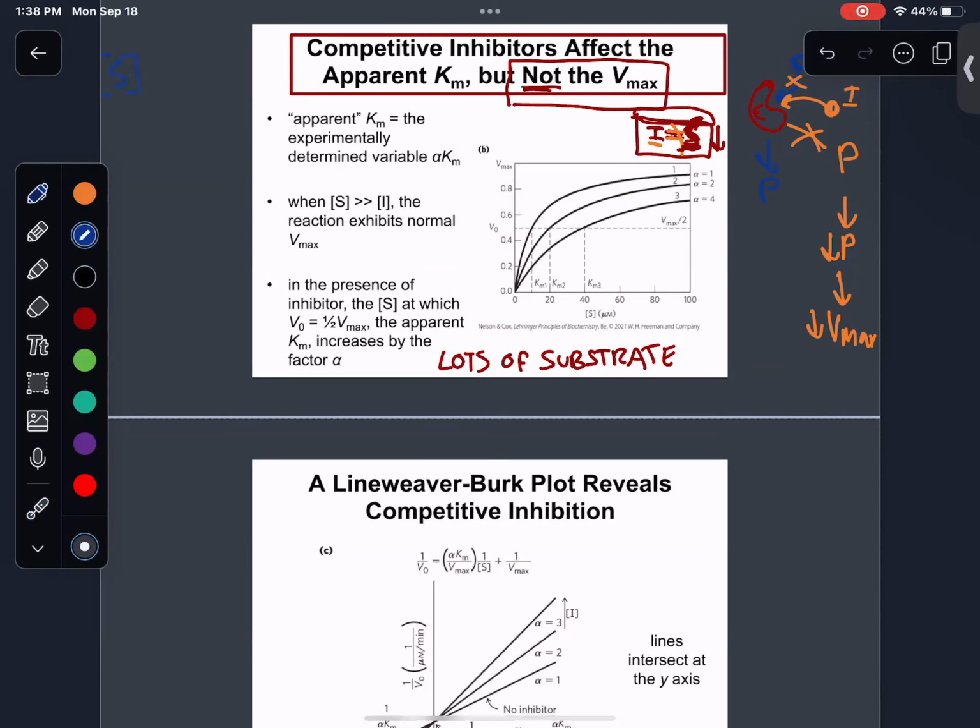Substrate concentration is 1. We're not going to include units just for simplicity's sake. And inhibitor concentration is also 1. Now you're asking, will you always have more substrate with a competitive inhibitor? No, it depends how much inhibitor you put in.